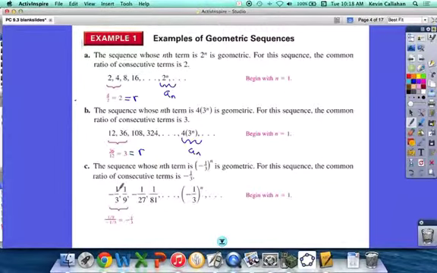And look at the denominators. They're going from 3 to 9 to 27 to 81. So that's why it's got the 3 in the denominator. But just divide them, and then that's the common ratio. And the formula is here. And again, it's the negative 1/3, the r, which is being raised to the n power.